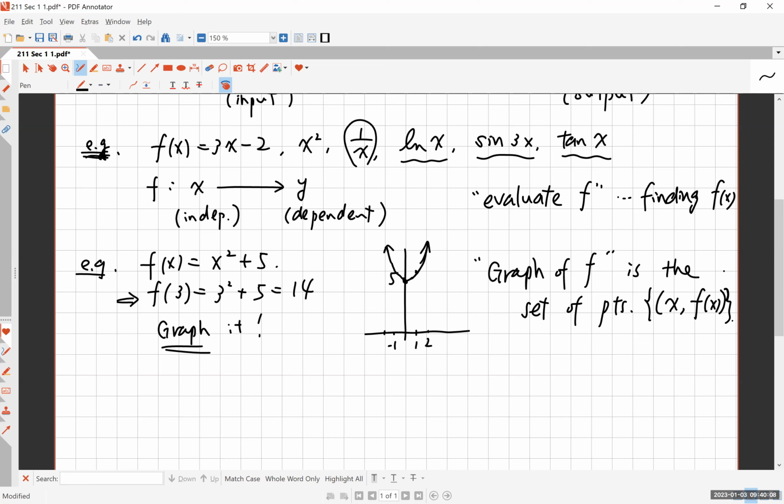And so that is what we call the graph of f. What I do want you to realize here, especially, is that when we say a graph, we mean the set of points on the xy plane, where x is the input or the independent variable, and y is the dependent variable. Okay, so let's continue.